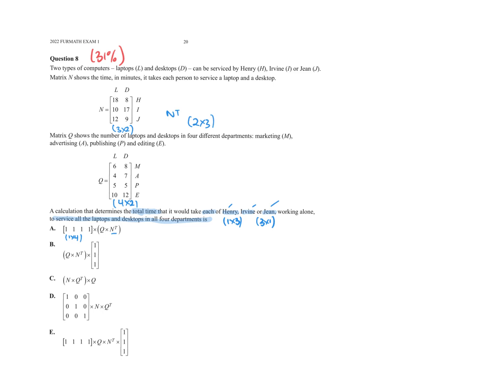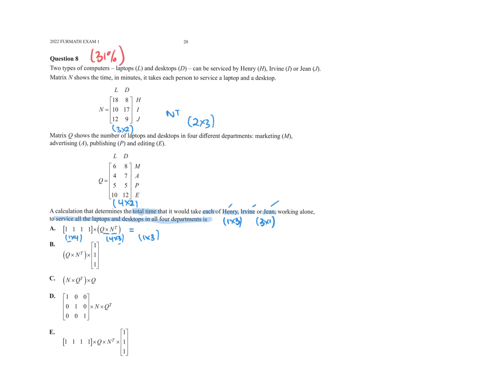So this one in here would be possible. It would produce a 4x3 if you did that bit in brackets. So the total answer is going to be a 1x3. So that one's okay, that could be something. This is something you could do in reading time, if you like.